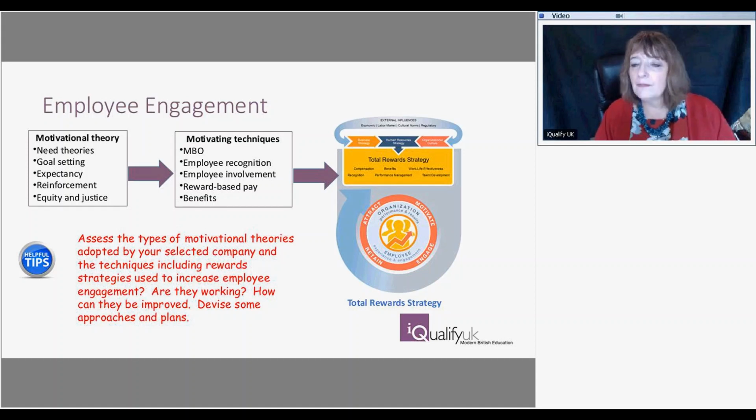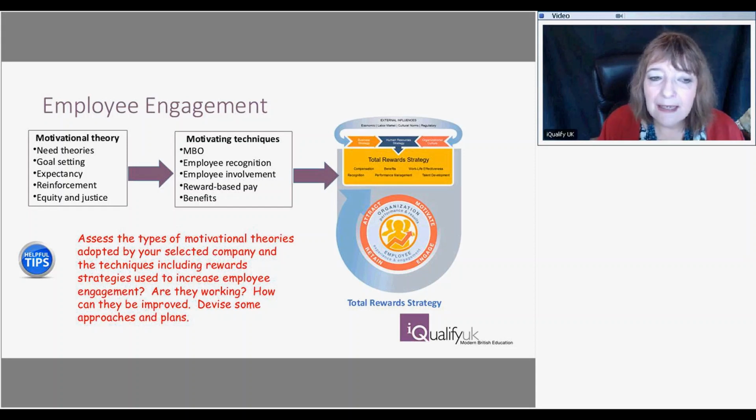And our helpful tips questions then: assess the types of motivational theories adopted by your selected company and the techniques they use, which include reward strategies used to increase employee engagement. Are they actually working? How can they be improved? And then suggest, when you make up your notes, that you devise some approaches and plans that will help.